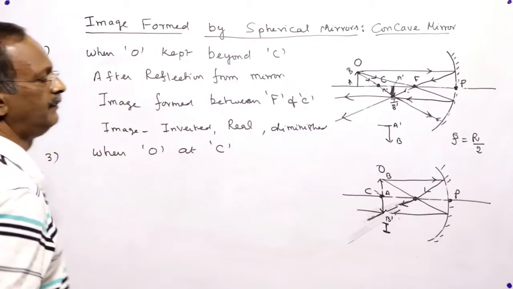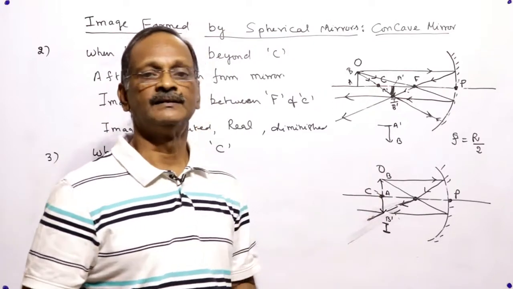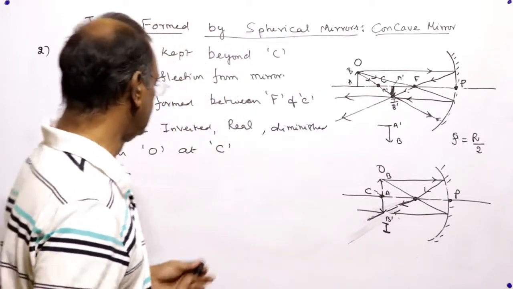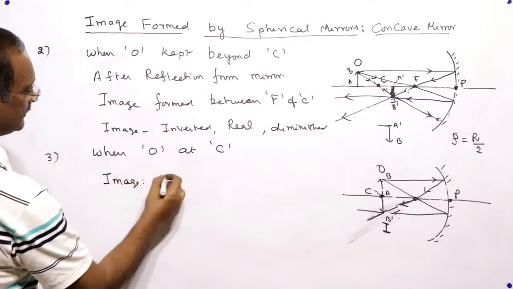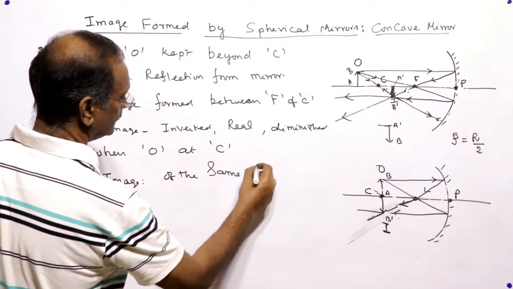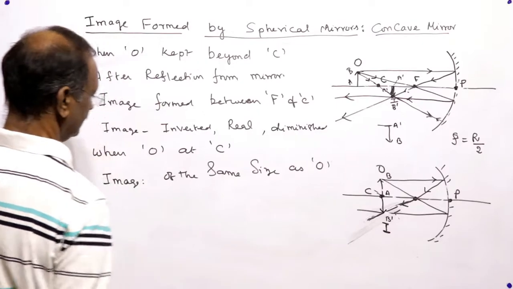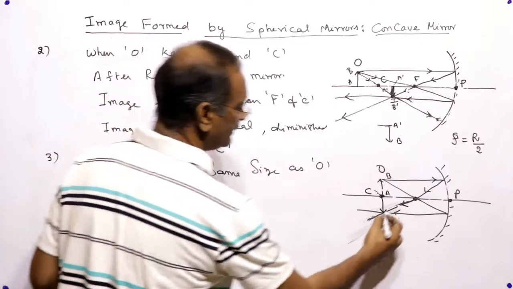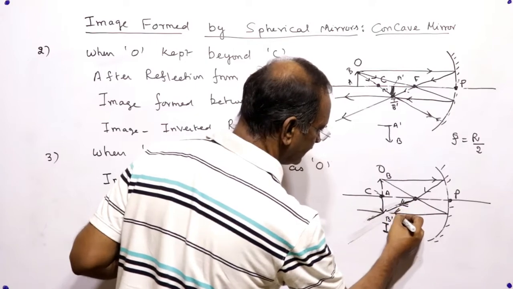So when the object is kept at the center of curvature, the nature of the image is of the same size as the object, and it is a real image. Why? Because this ray is converging here, this ray is converging.